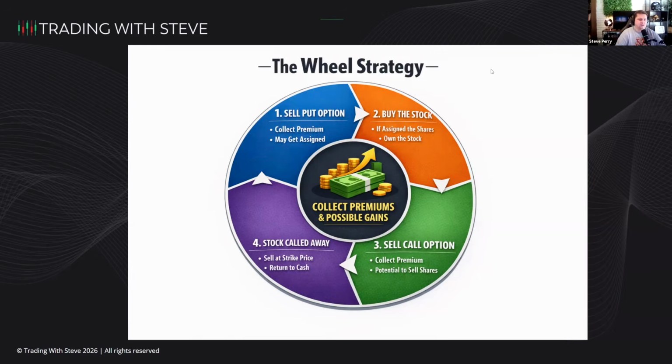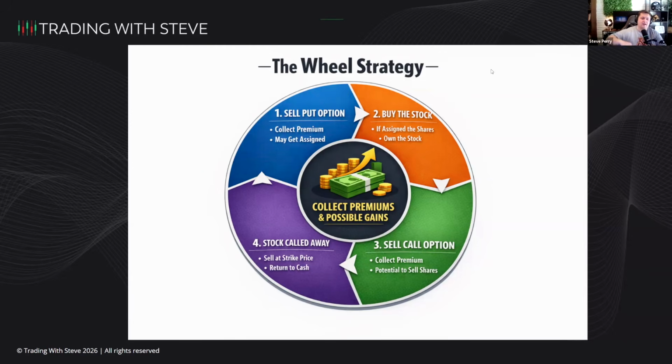Like I said, you're going to get assigned at some point, and that's the perfect time to get assigned: as long as the market's basically at your strike price. You get assigned, now you own the stock, and then you turn around in the same day and sell a call option a week or two out, and you collect that premium immediately. Then you wait the 1 to 2 weeks for that to expire.